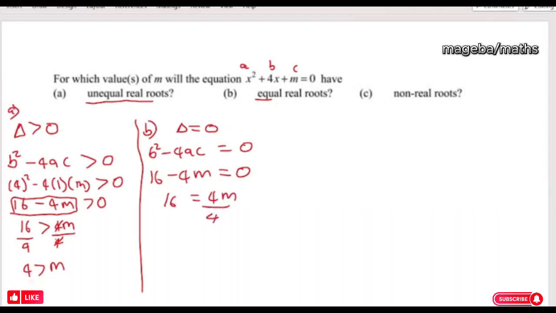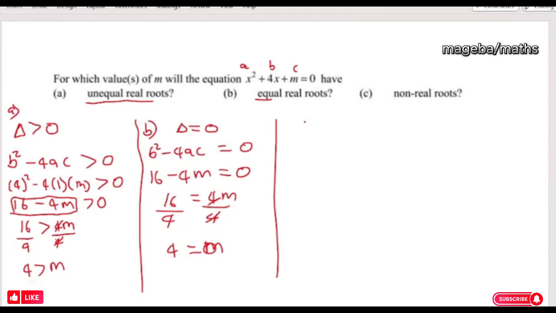Then we divide by 4, and we get 4. So in order for this equation to have equal roots, m must be exactly equal to 4, to get equal real roots.